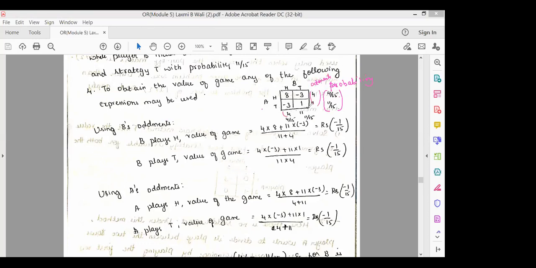Similarly, these are oddments, and these are the probabilities of using that particular strategy. Here, 4 by 15 is the probability of using the first strategy by player A. Similarly, 11 by 15 is the probability of using the second strategy by player A.